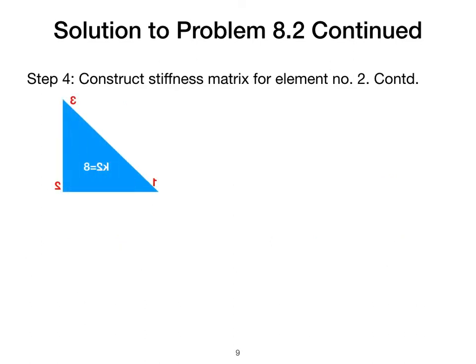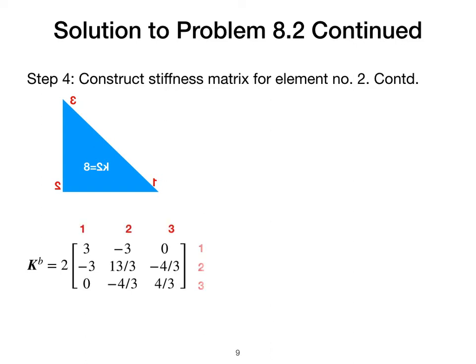What if now we change the numbering? Because we have to change the local numbers, because if you don't change the original numbering, 1, 2, 3 in the reflected element will be clockwise, which will result in a negative area.